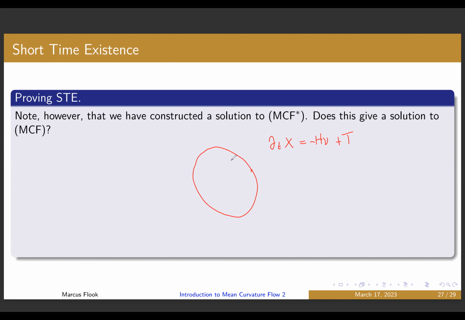We could imagine that it is indeed shrinking, but it's also rotating as it does. So what we want is, from a solution to mean curvature flow star, can we get a solution to the mean curvature flow where we don't have this tangential component?